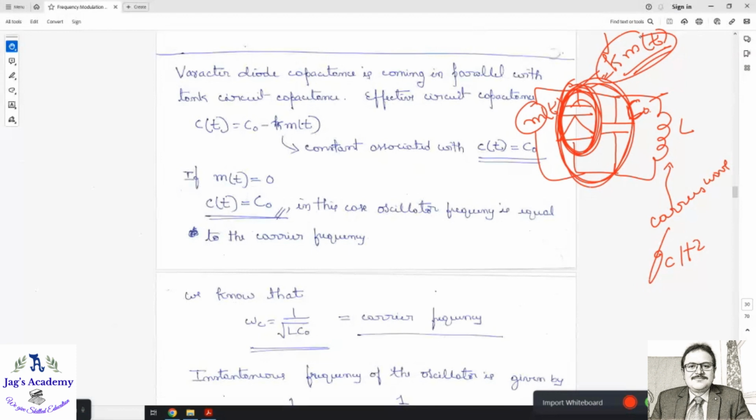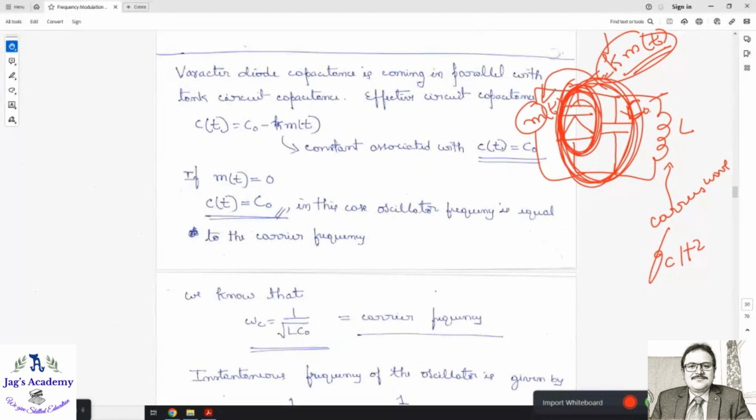Just apply your KVL in this. Now suppose your M of t is equal to 0. Can you tell me what frequency it is generating? Carrier frequency only. Now when M of t is not equal to 0, this is going to generate a frequency which is now proportional to the instantaneous value of the message signal.